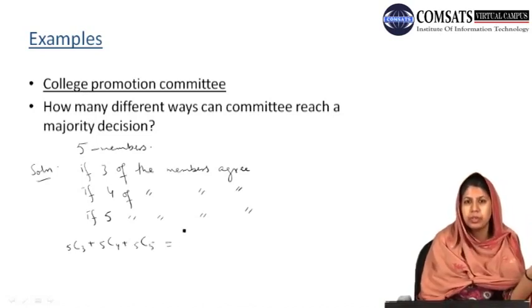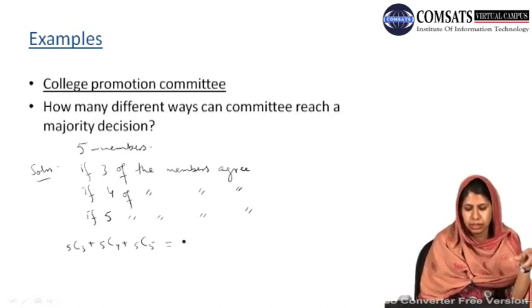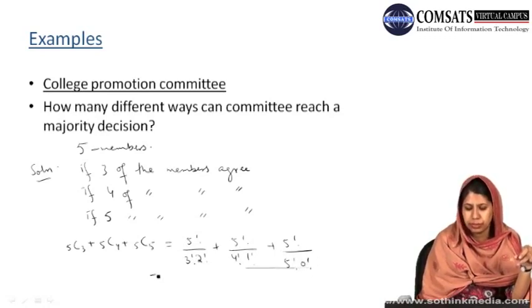That is the sum of all the possible combinations in which a committee can reach a majority decision, which is 5 factorial over 3 factorial into 2 factorial, plus 5 factorial over 4 factorial into 1 factorial, plus 5 factorial over 5 factorial into 0 factorial.